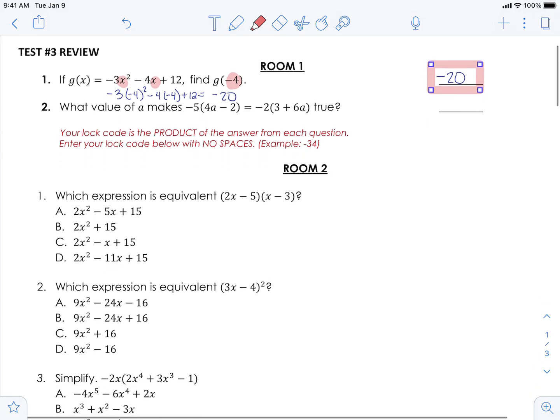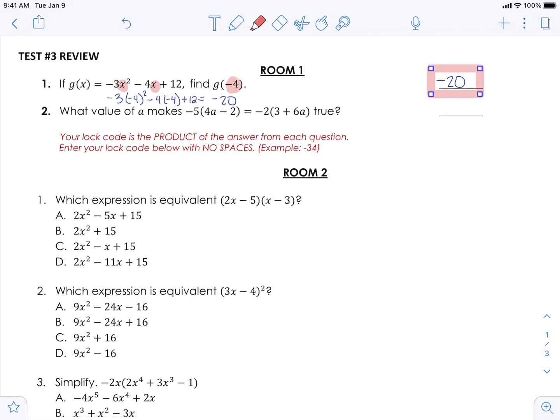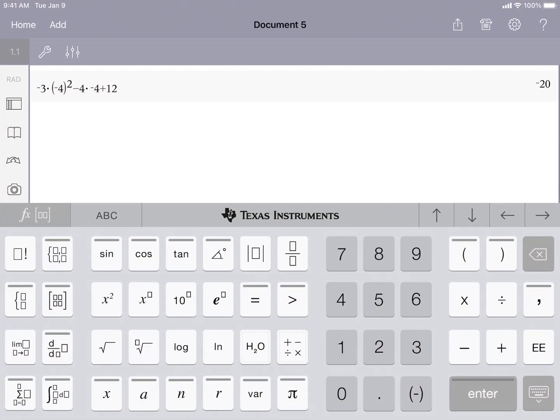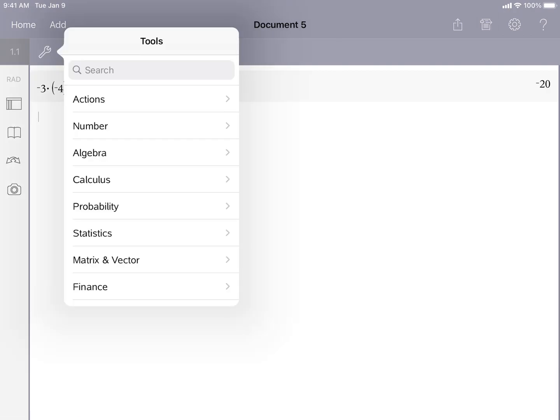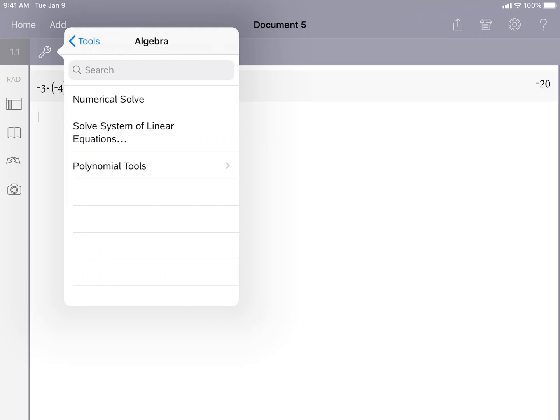Okay. Looking at number 2, what value of a makes negative 5 times 4a minus 2 equal negative 2 times 3 plus 6a true? So again, another calculator question. So I'm going to go back to my calculator. And before I lay the notes on top, we're going to go to menu, algebra, which is number 3, and then solve system of linear equations, which is number 2.